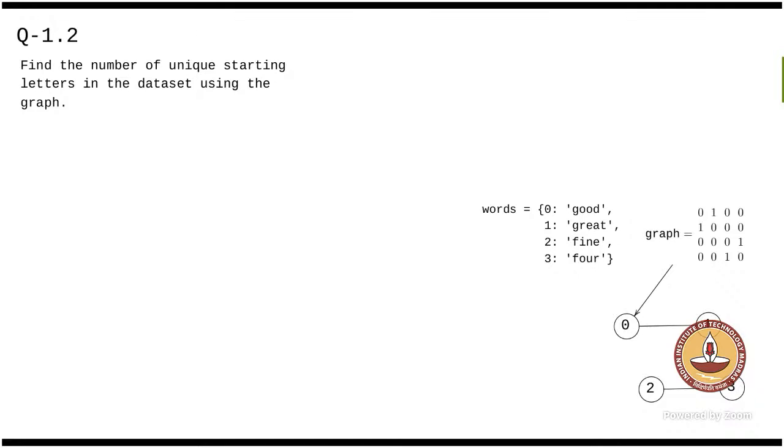It's a very simple way of doing it, but let's make it slightly complicated and try to do it using the graph. Assume that the graph is given to you and you need to find out the unique starting letters. How many unique starting letters are there using the graph? So what basic idea of the graph will we use here?